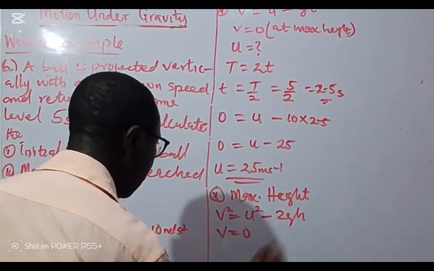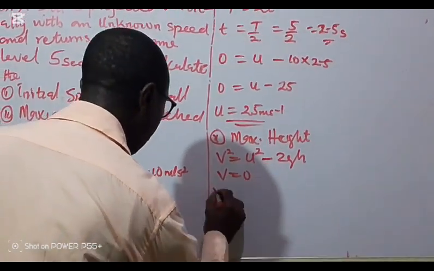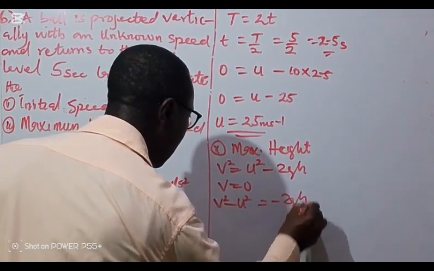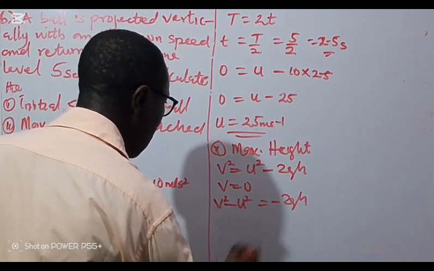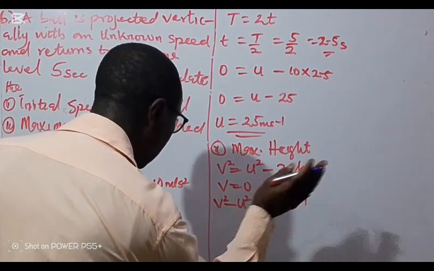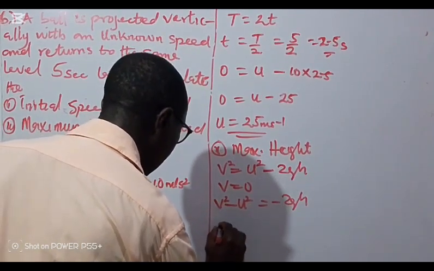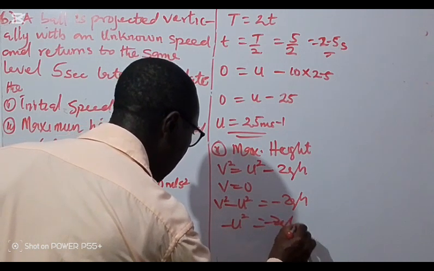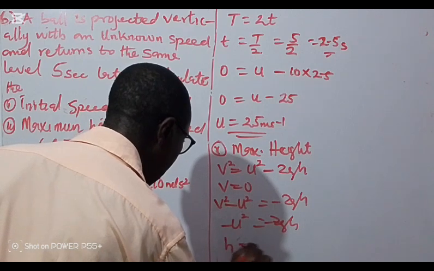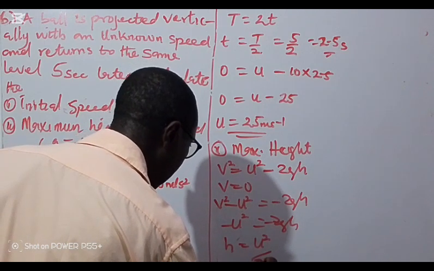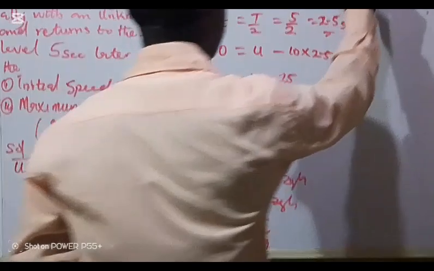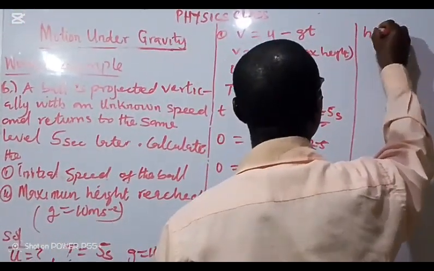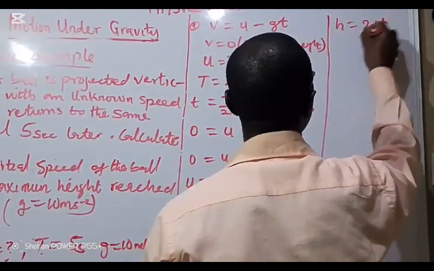So v squared minus u squared is equal to minus 2gh. This one is 0, so minus u squared is equal to minus 2gh. Minus cancels minus. So h will be equal to u squared over 2g. If that is the case, then our h will be equal to 25 squared over 2 multiplied by 10.